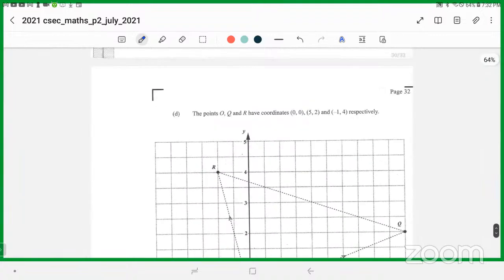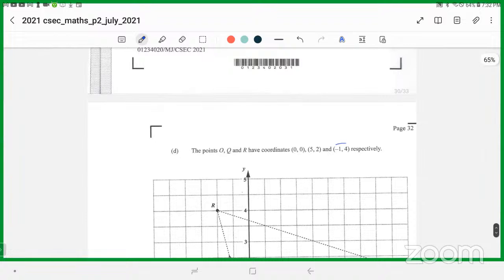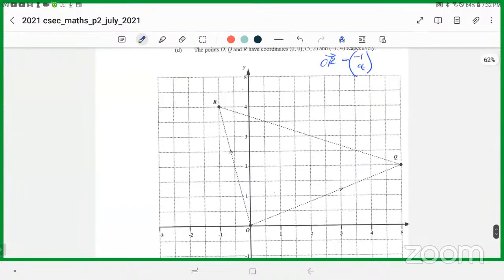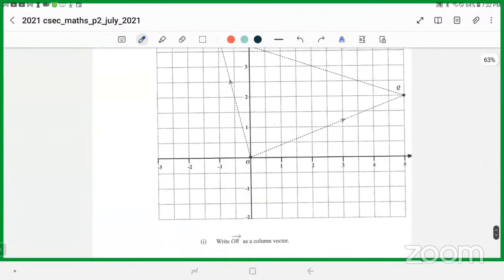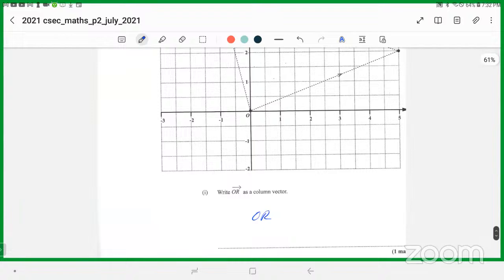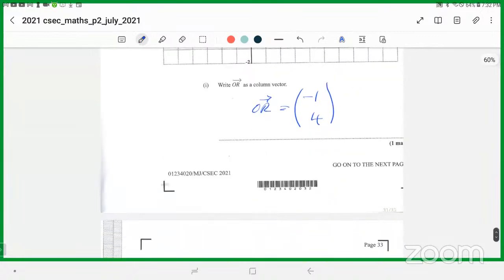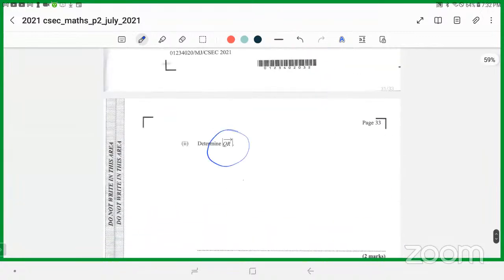Since R is the point (-1, 4), then OR is going to have the same values, (-1, 4), as a column vector. See here, R is (-1, 4). So OR is (-1, 4). Three marks. Next part, they want the modulus of QR.